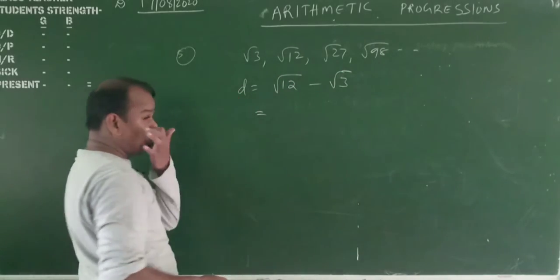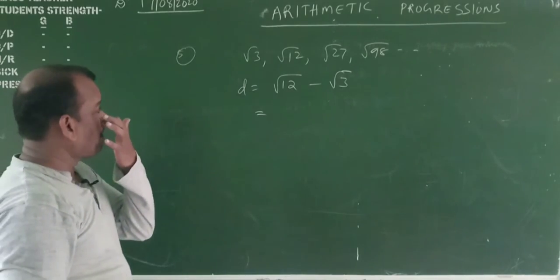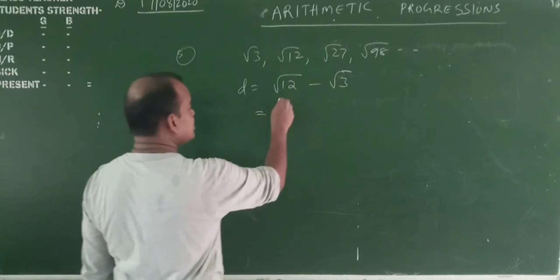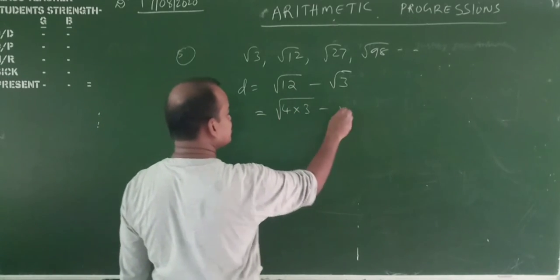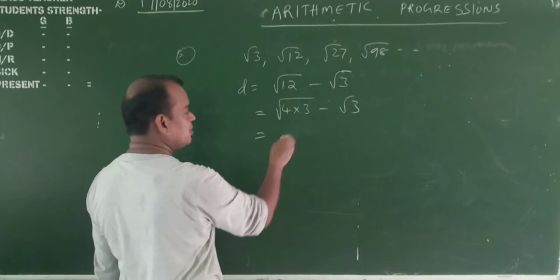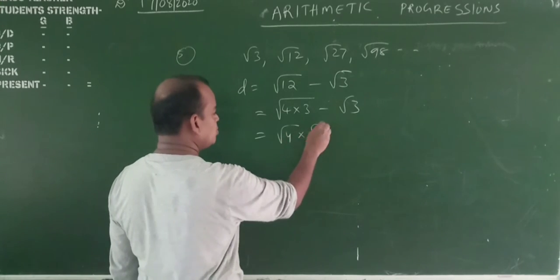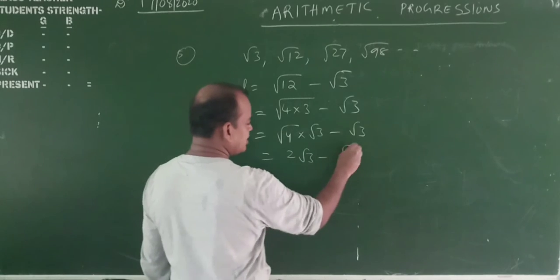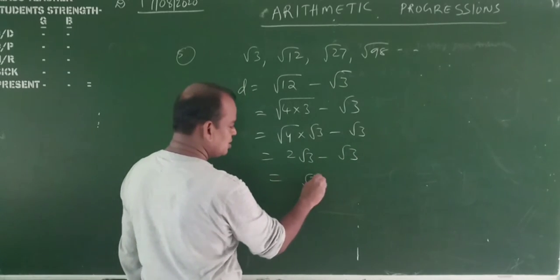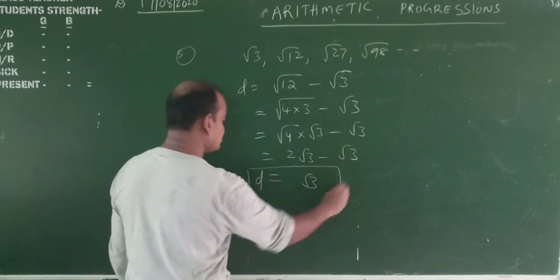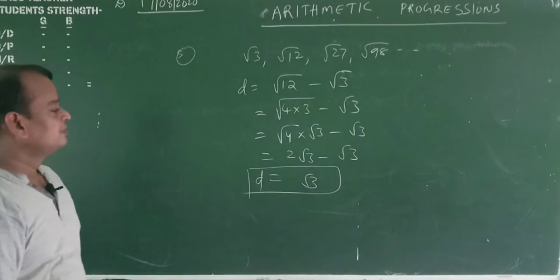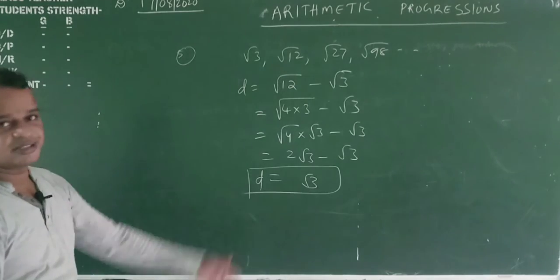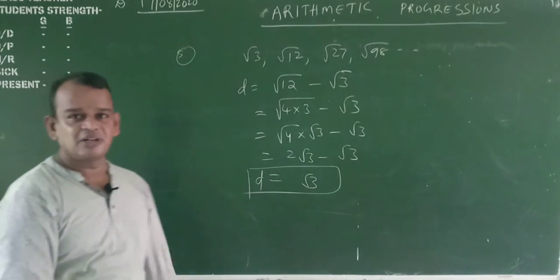Root 12 means root of 4 into 3, minus root 3. Using the root AB formula, root 4 into root 3 minus root 3. Root 4 means 2. 2 root 3 minus root 3 means root 3. The common difference is root 3. Simple.